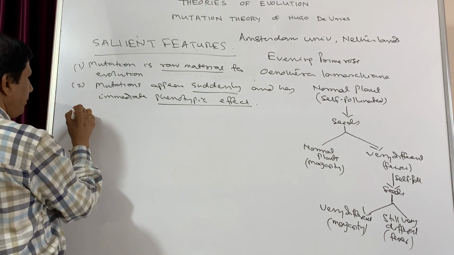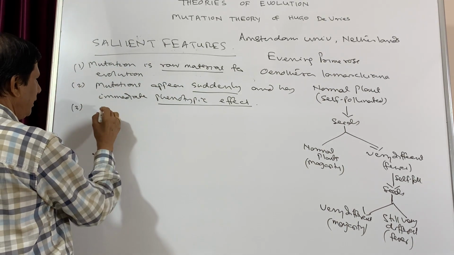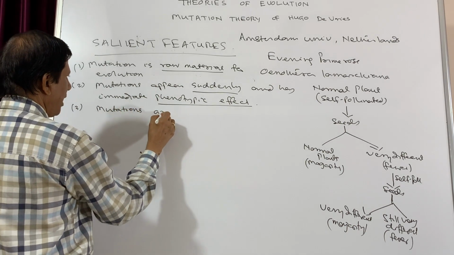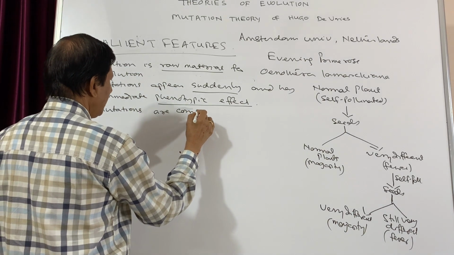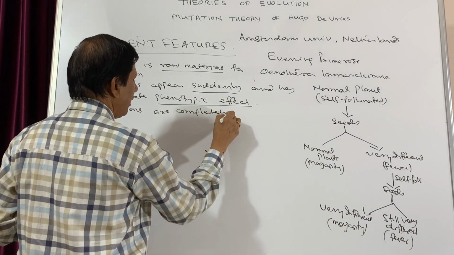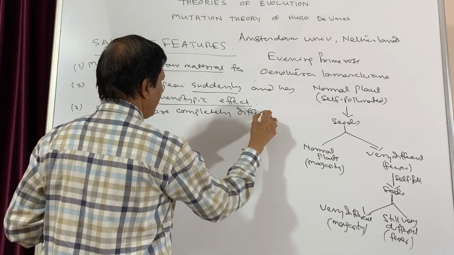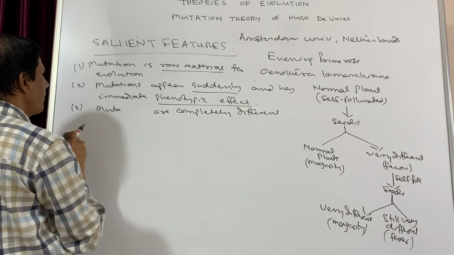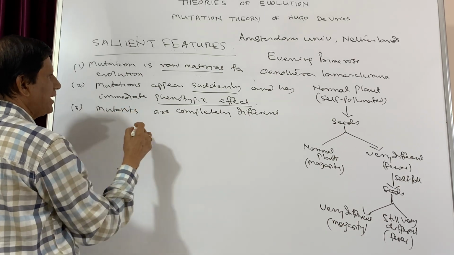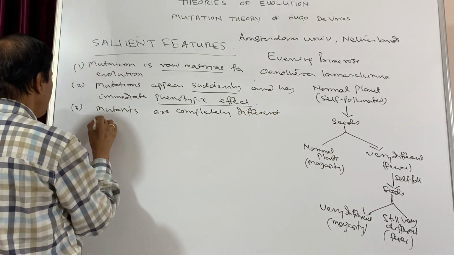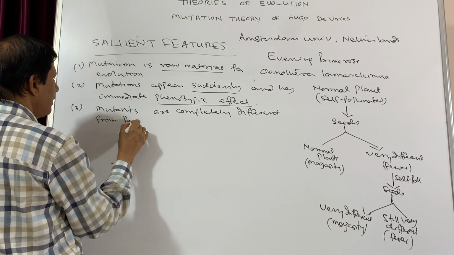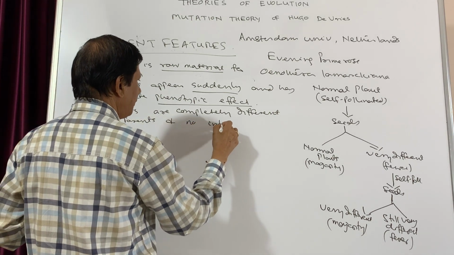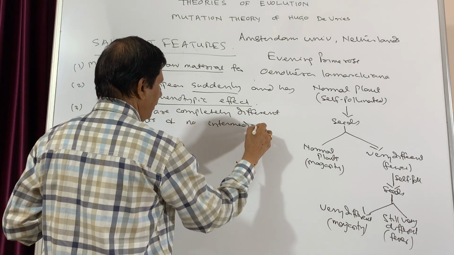Now the third feature is mutants are completely different from parents and there is no intermediate type.